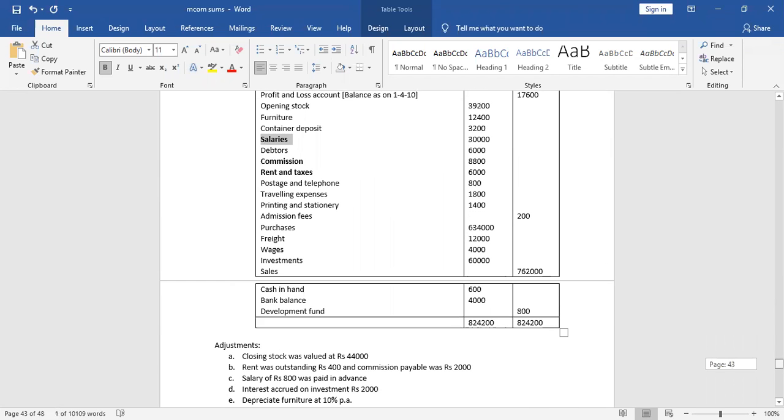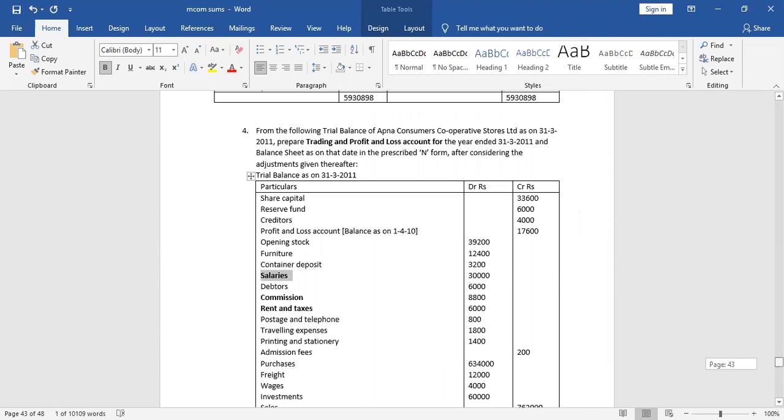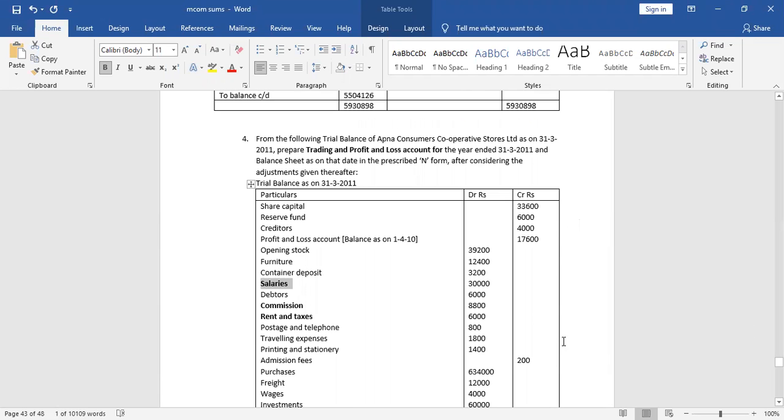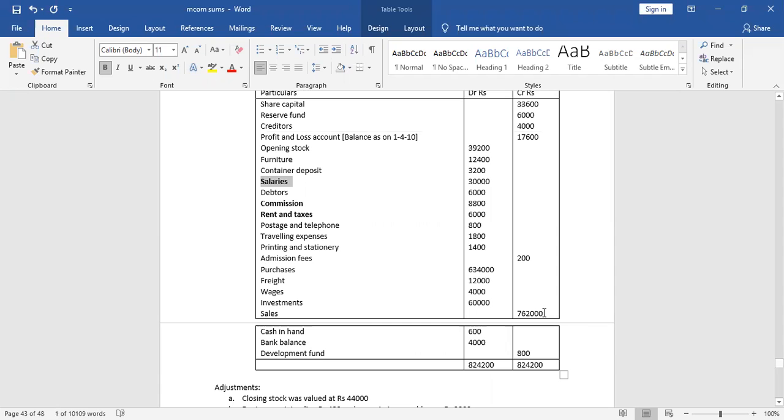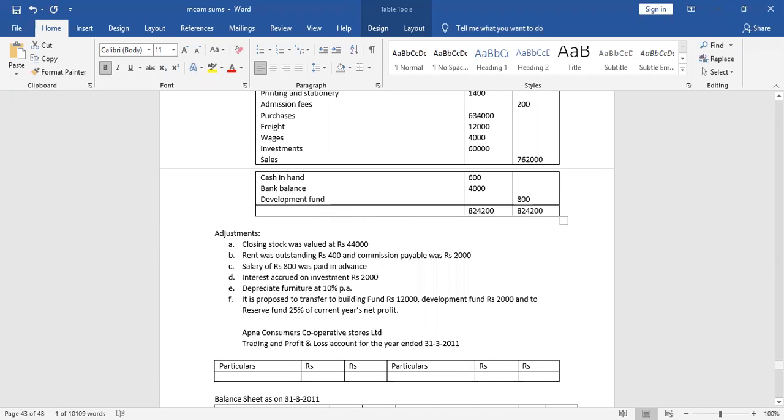Is there any investment in the credit side? Let us see. It is not there. So in the investment, have they given the amount? 2000. So interest accrued will come as outstanding interest receivable, and in the investment, we can add this interest.